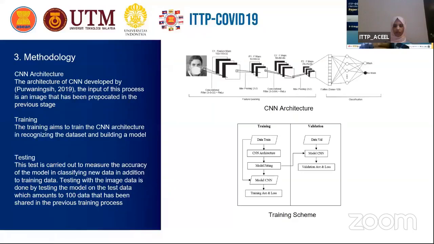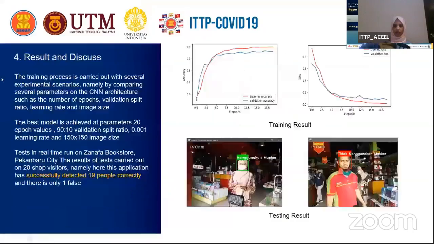The fourth is result and discussion. The training process is carried out with several experiment scenarios, namely by comparing several parameters in the CNN architecture, such as number of epochs, validation split ratio, learning rate, and image size. As a result of the training, the best model is achieved with 20 epochs, a 90 by 10 validation split ratio, 0.001 learning rate, and 150 by 150 image size.